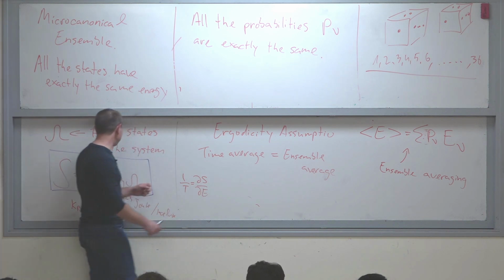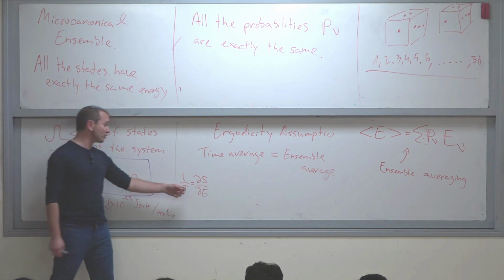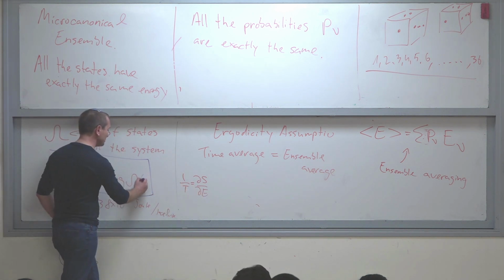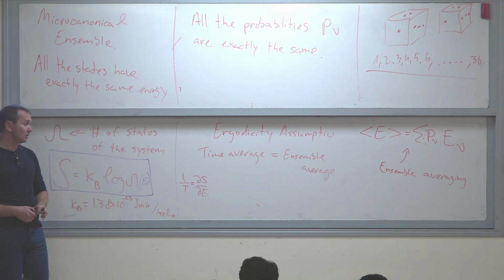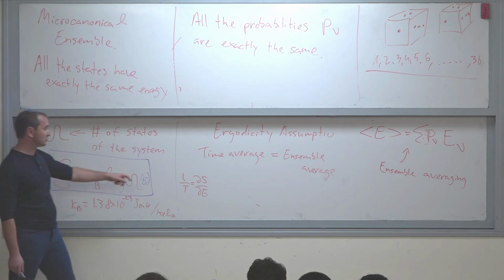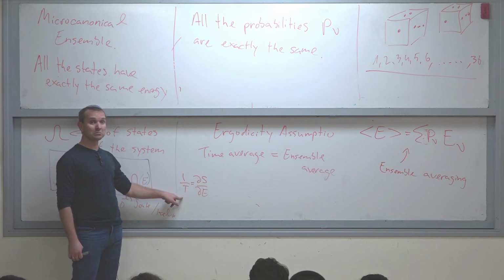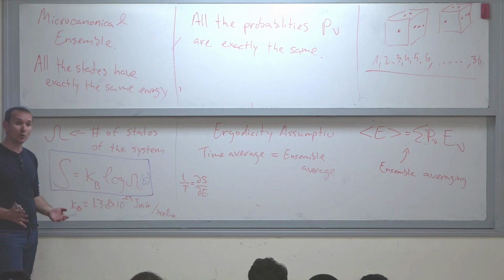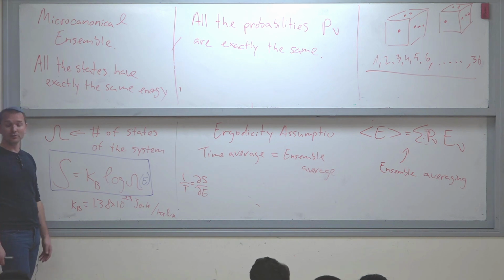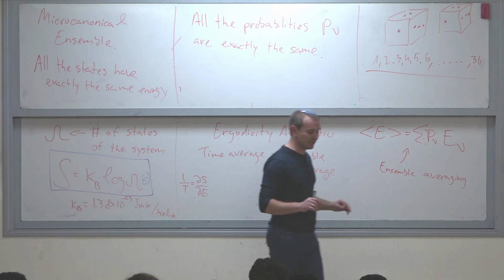If we calculate the number of states of a system for a given energy, and obtain omega as a function of E, we can calculate this derivative and relate our entropy to temperature. It's going to be a measurable quantity. We can discuss it, understand it a little bit more, and relate it to the thermodynamics that we already know. So this is the plan of attack for this microcanonical ensemble.